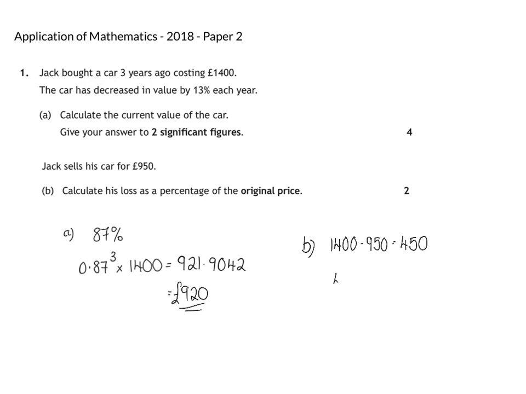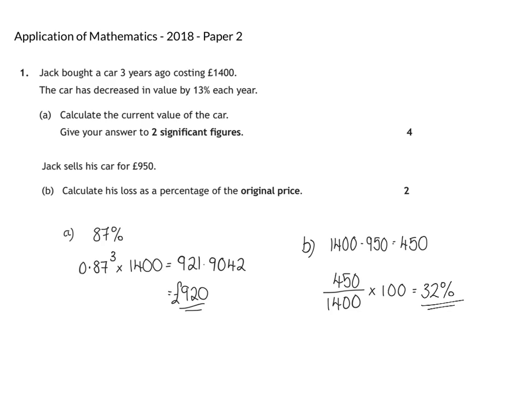So that is 450 over the original, which is 1,400. To change a fraction into a percentage, we have to times it by 100. And when we do that, we get 32%. It's 32.1, but if we round it to the nearest whole number, we get 32.